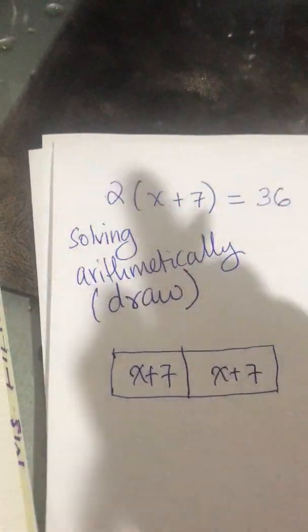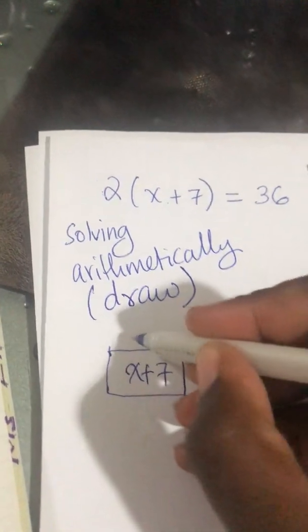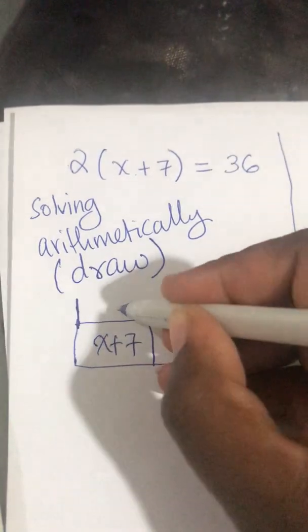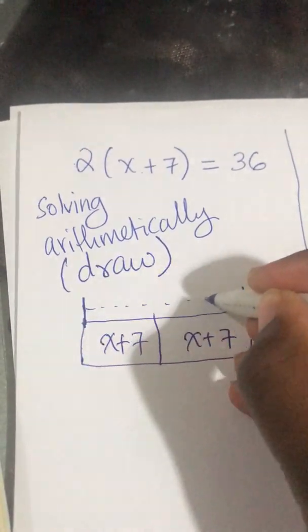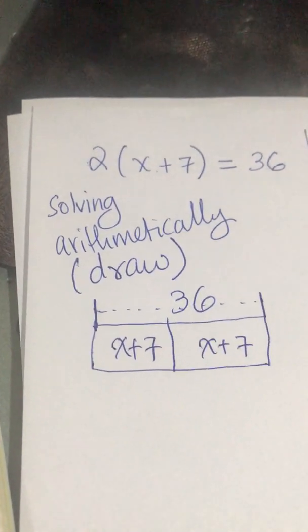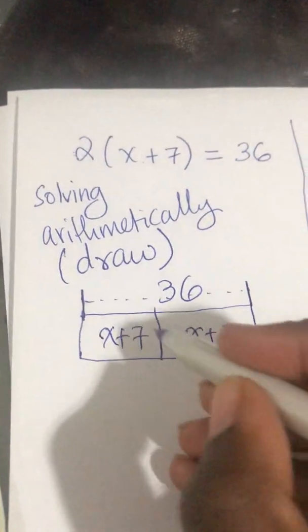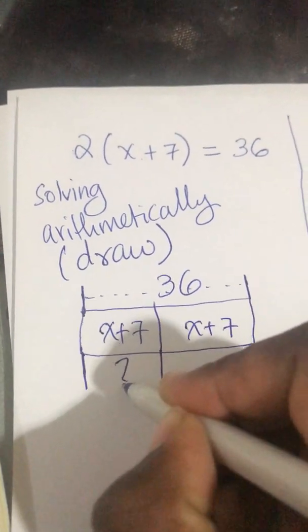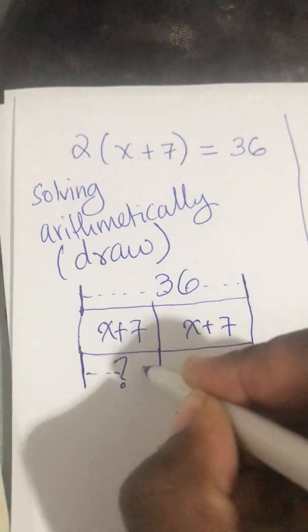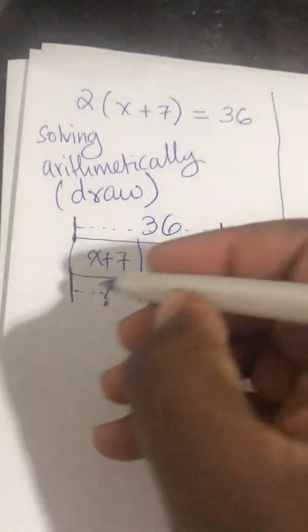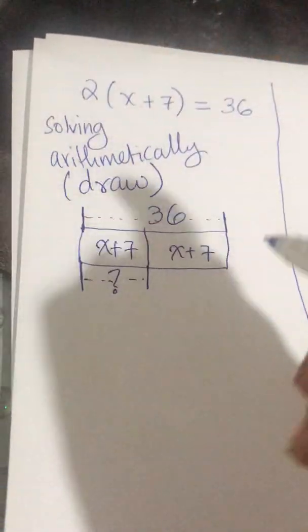Inside represents what's in the bracket. Then from here to here, this distance is 36. And now the question wants me to find the distance from here to here. That's what the question wants. So this is arithmetically.